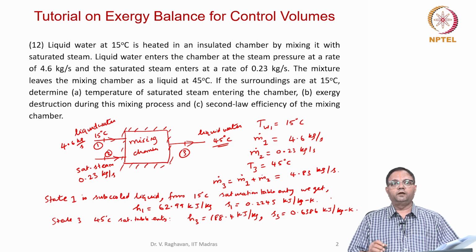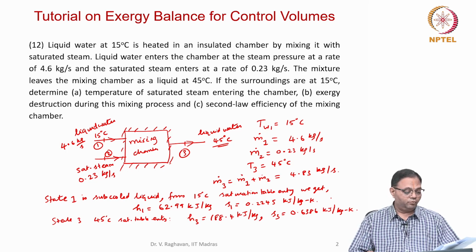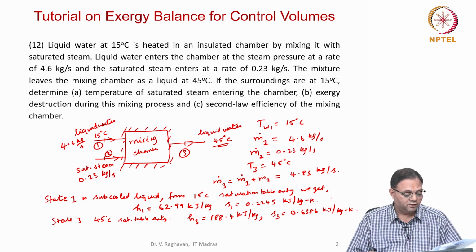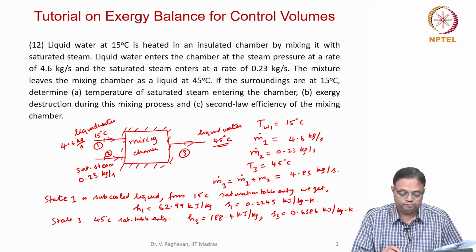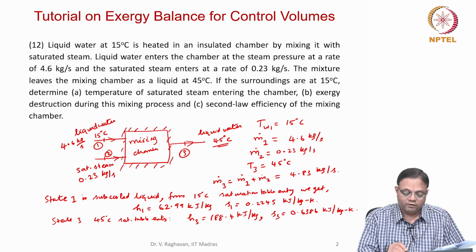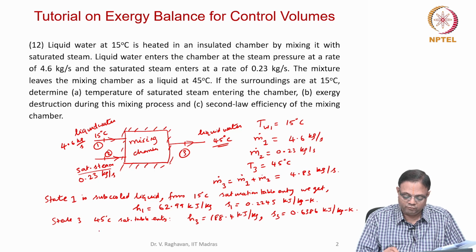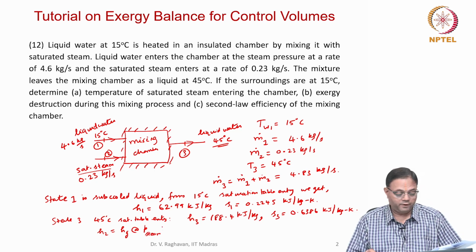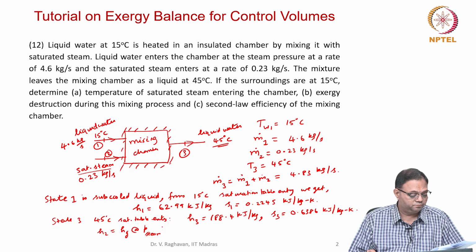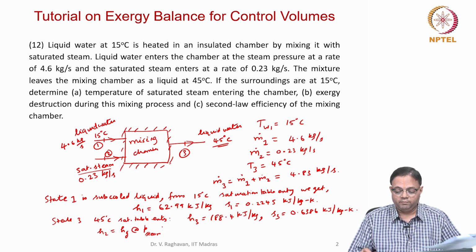So, you can take the tables and get this value, but we are not certain about H2. Only thing what is known is it is a saturated vapor. So, H2 is Hg at steam pressure. Okay. So, what is that pressure? So, we have to determine this by using first law.